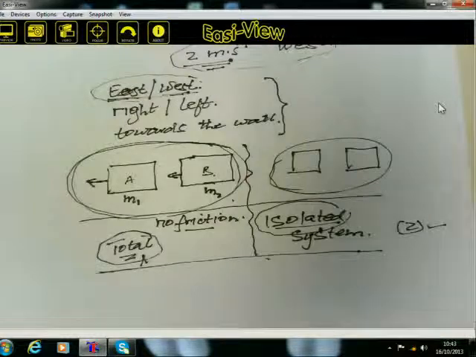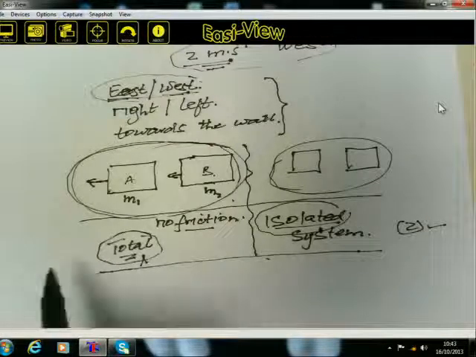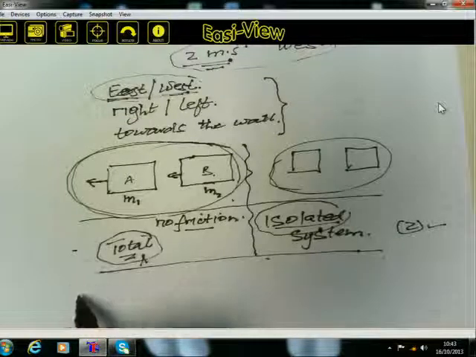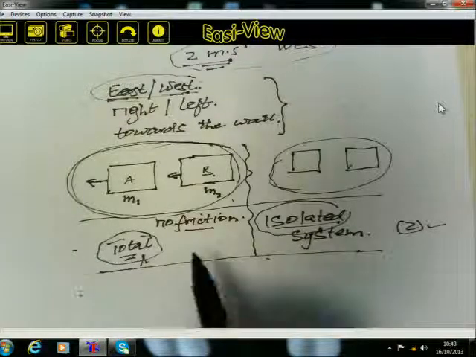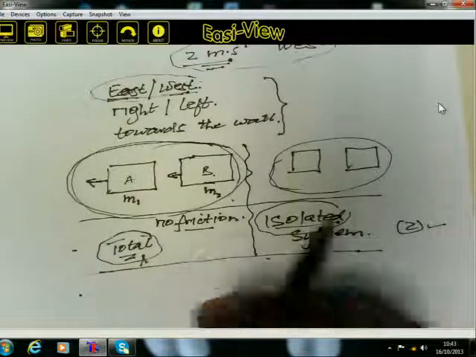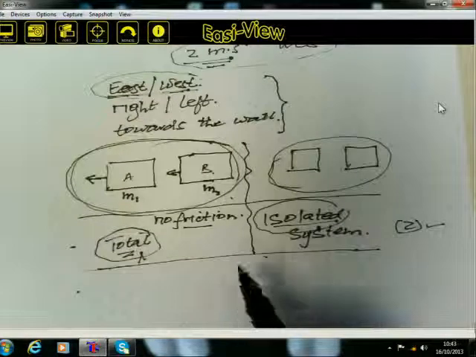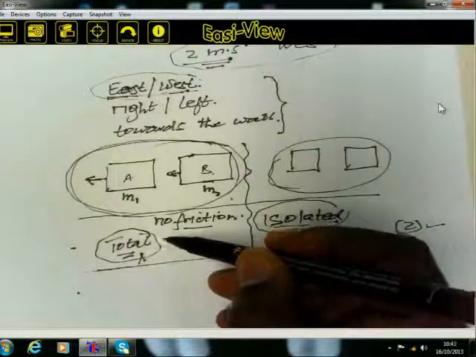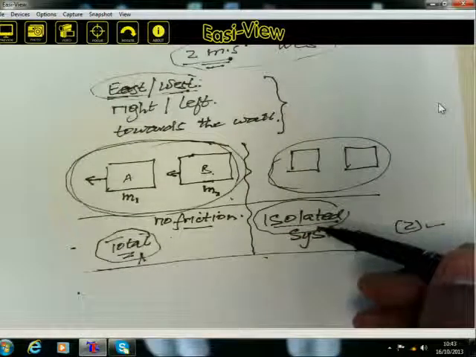So the second question actually is an application to show that what you have stated, you really understand what you are talking about. So in the second question, you will find that they will give you a scenario where they expect you to apply the law of conservation of momentum.